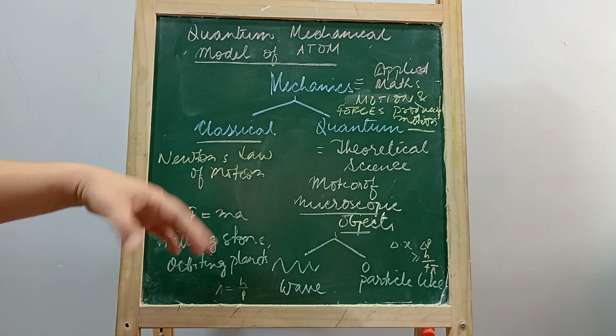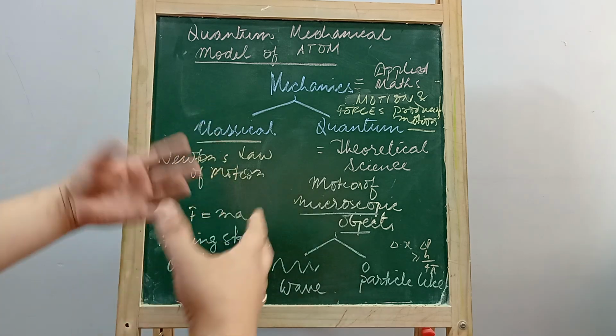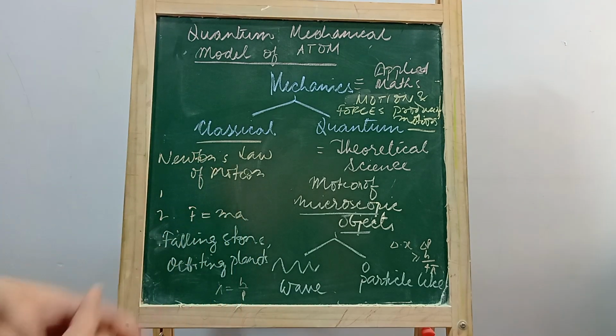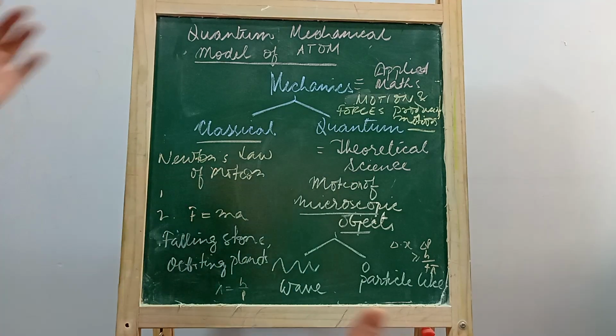These are what we study in classical mechanics, and they are very well able to define or predict the positions, the velocities, the acceleration, the mass, the force acting on big bodies like stones, cars, planets, rockets.